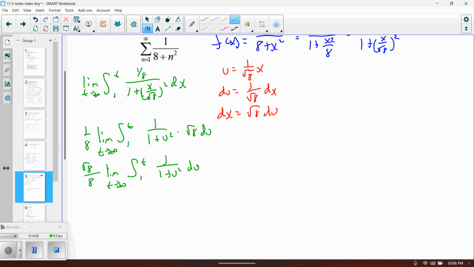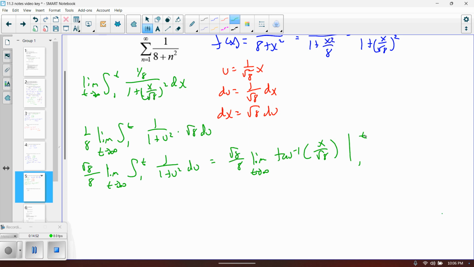Now that is in the correct form for inverse tangent. So we'll get square root of 8 over 8 times the limit as t goes to infinity of the inverse tangent of u. But u was 1 over the square root of 8 times x, or x over root 8. And I'll evaluate that from 1 to t.